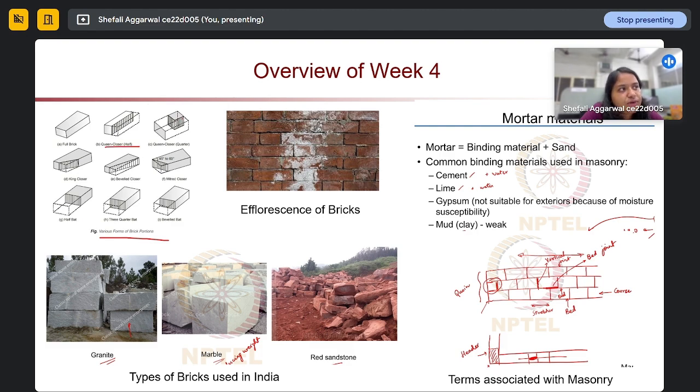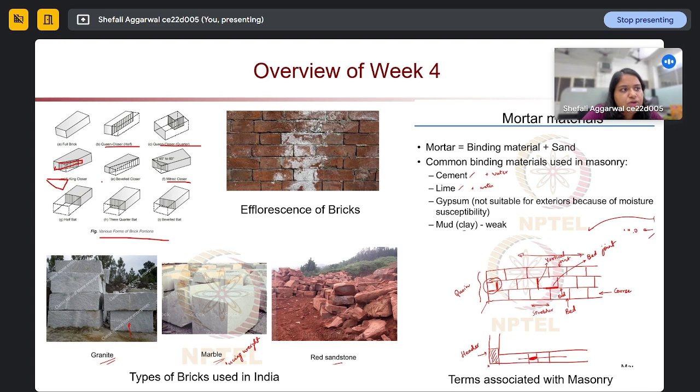And if only 1/4 part of our brick is used, that is called as screw enclosure in quarter. Then if a triangular piece is cut from one corner, it is called as king closer. And if it is cut in this way, full length, that is called as beveled closer. And if it is cut along the width, then it is called as mitered closer.